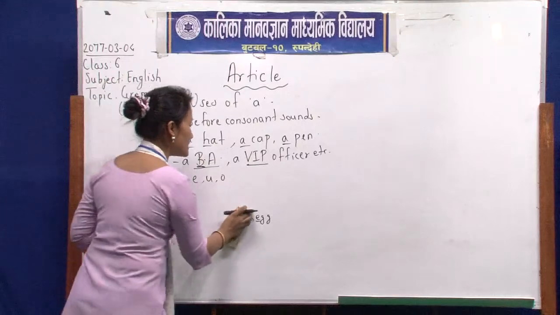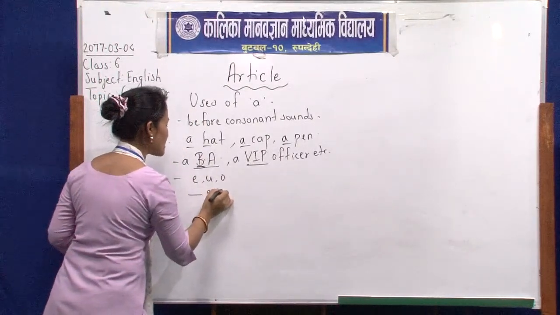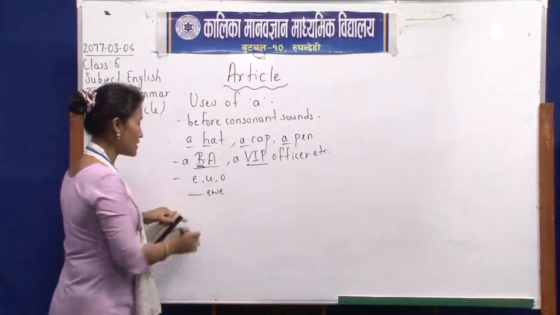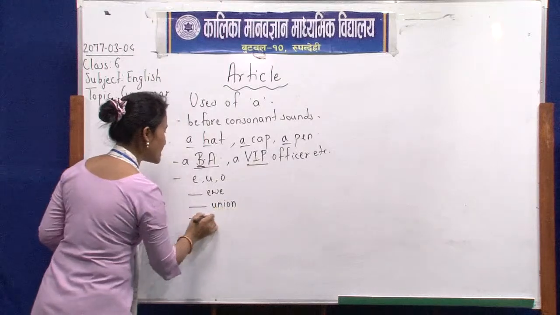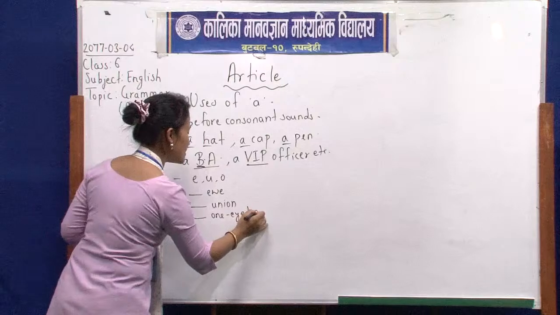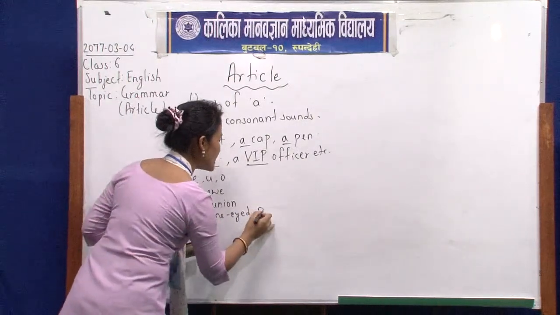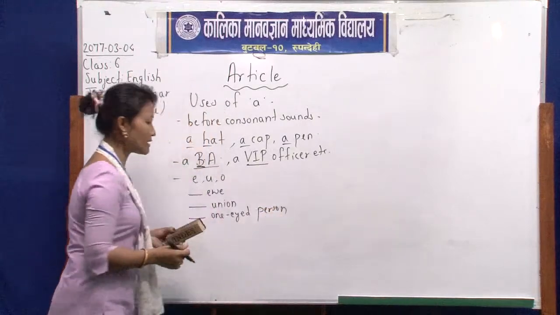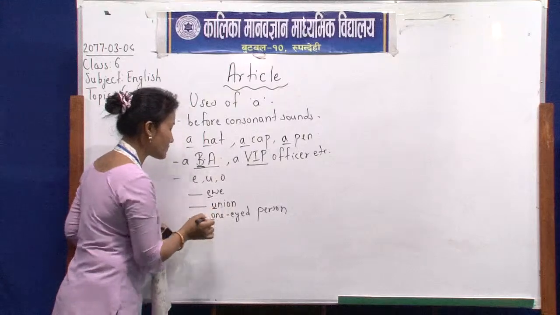But see here, in this case, what happens is that, see this word. Next, union. Next, one-eyed person. Usually what happens is that students make a very big mistake: you only see the first letter.